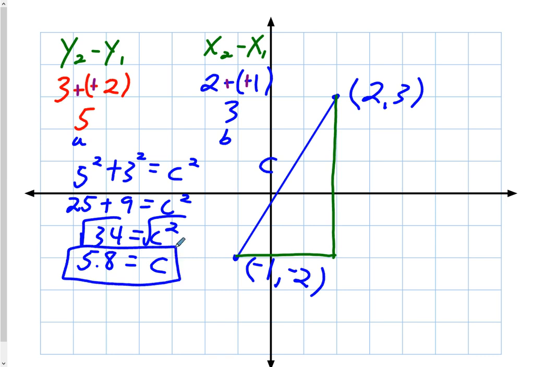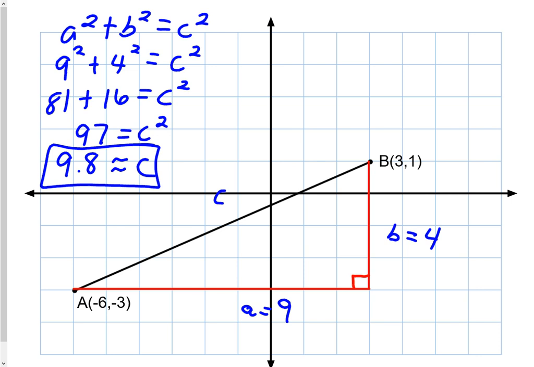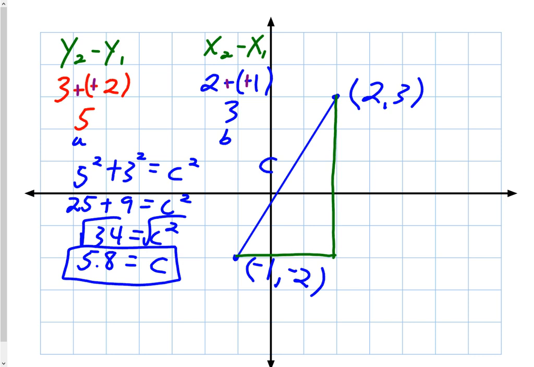It has two different methods to do the same type of problem. First method was using the Pythagorean theorem, counting your blocks for your A and your B. The second method was subtracting your x's, subtracting your y's to get your rise and run.